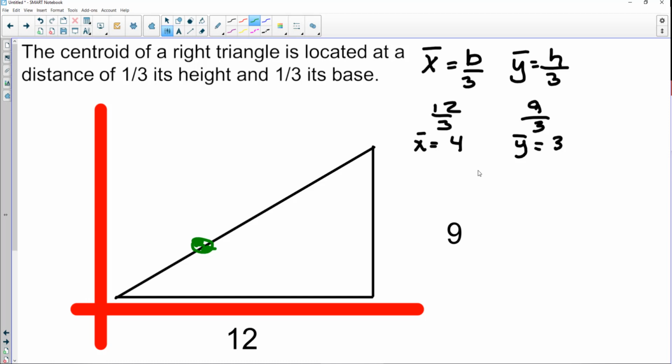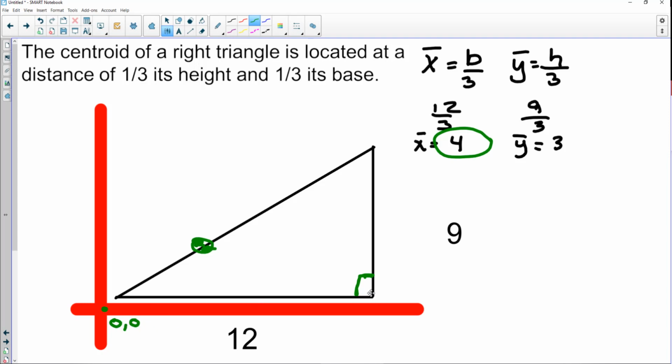So here's the exception. When you have a triangle, when you do base divided by 3, the answer, in this case the answer of 4, needs to be marked off from the right angle towards 0, 0, okay, towards coordinate 0, 0, right? That's coordinate 0, 0.